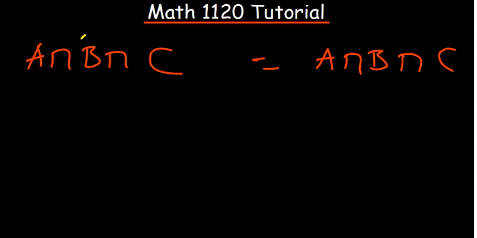So for the left hand side, I'll first begin with B intersection C, and for the other one I'll start with A and B. The result is basically one and the same. That's what associative laws tell us.